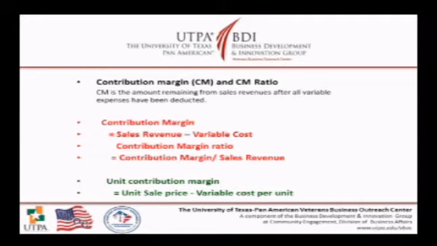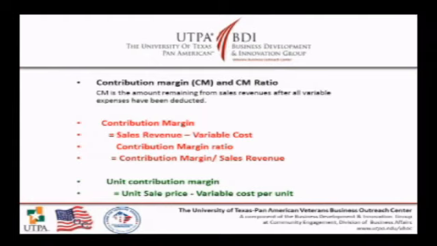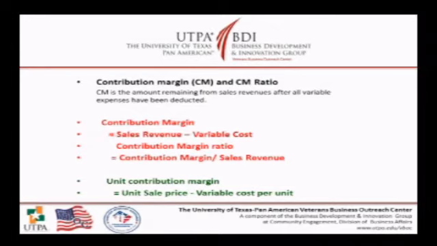Let's say you sell your product for $1 and it costs you 70 cents in cost of goods sold to make the product. Then your contribution margin, or gross profit, is going to be the 30 cents, right? Now let's say that you have $300 in operating expenses every month.